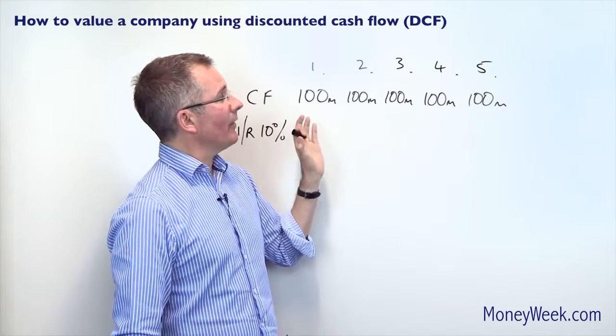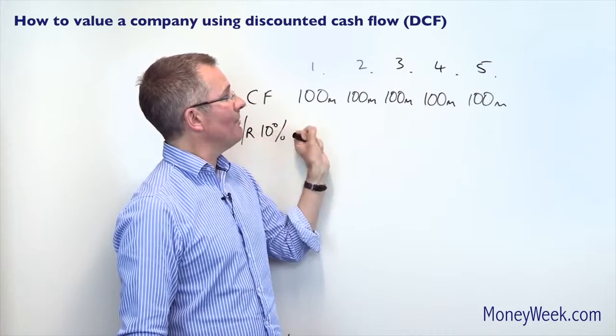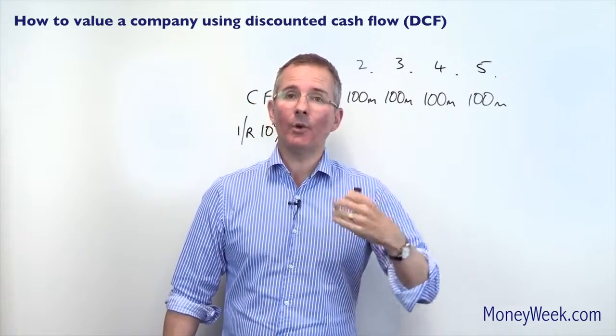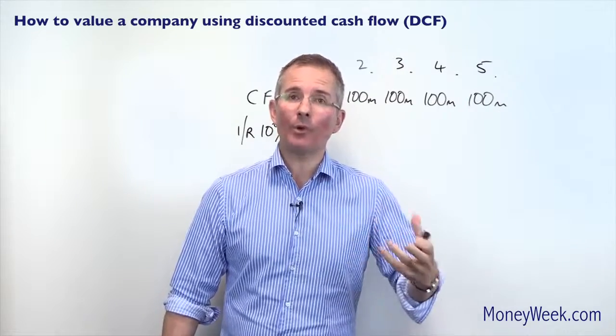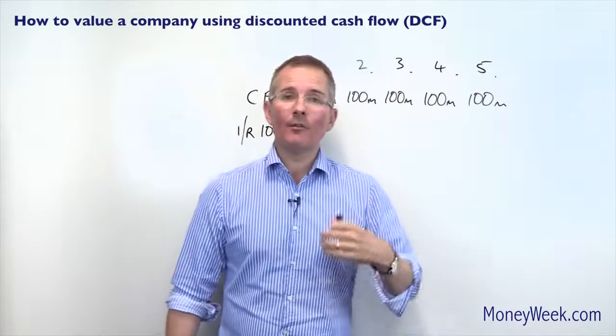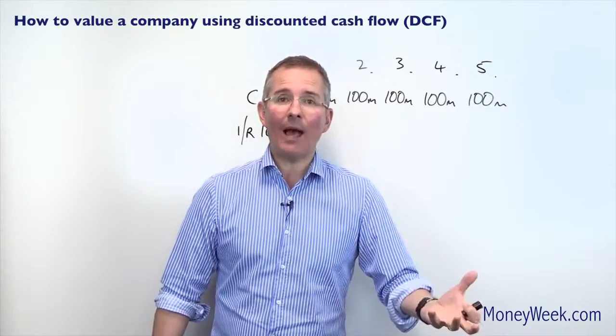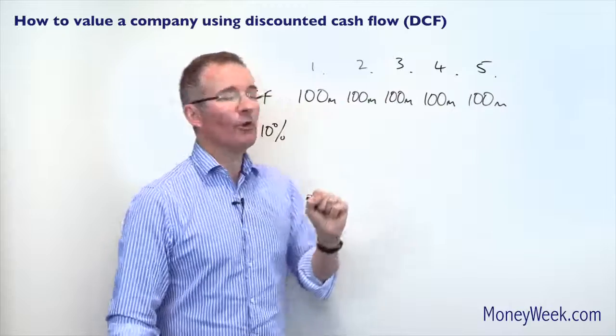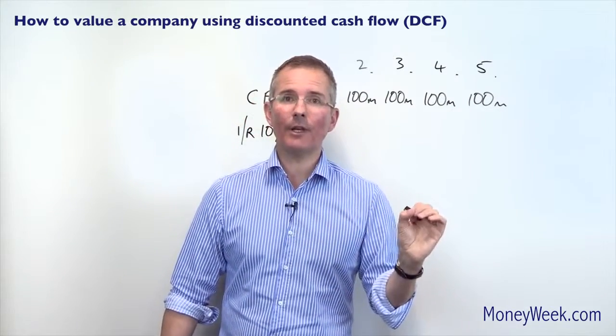And the reason for that is that basically, if you've got 100 million in a year's time, you could be investing it, if you want to see it this way, to earn interest at 10%. So it's worth more to you than 100 million received in 4 or 5 years' time, because that can't be invested now to earn anything. All right? So money has a time value. The sooner you get it, the more it's worth, basically.